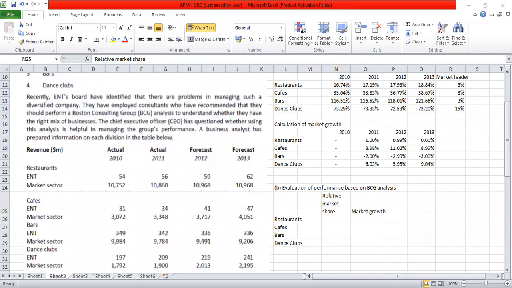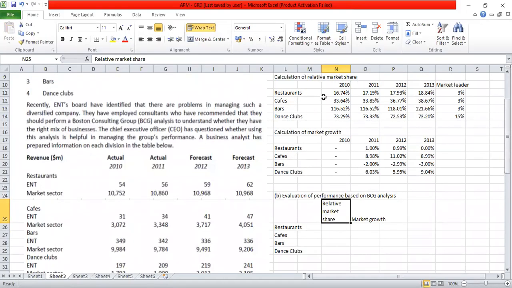We're focusing on the relative market share. The first one is restaurants. I hope you are able to follow. Any difficulty in understanding? Please let me know. Are you finding it easy to follow? Is there anyone facing a difficulty in understanding this part? Please open up because we are writing the analysis now.